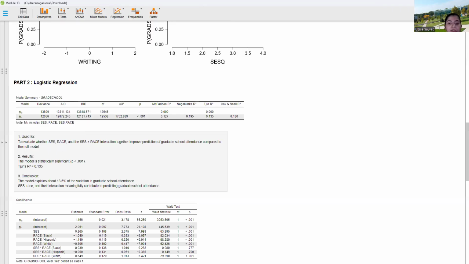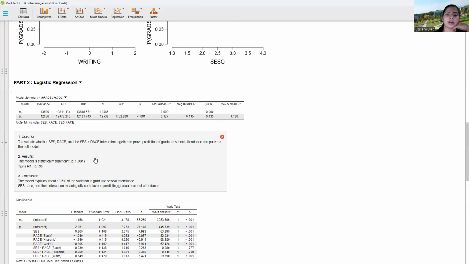Looking at the Part 2 model summary, the model is again statistically significant with a p-value less than 0.001. The Tjur's R square value is 0.135, meaning this model explains about 13.5% of the variation in graduate school attendance. Although slightly lower than Part 1, this model provides important insight into racial differences and interaction effects.